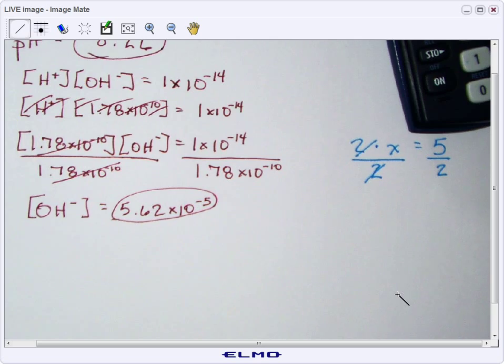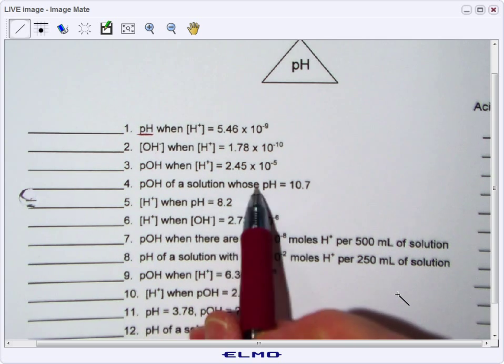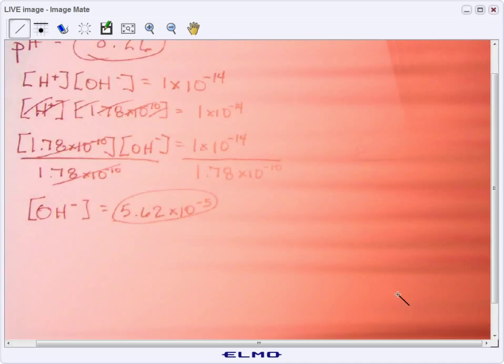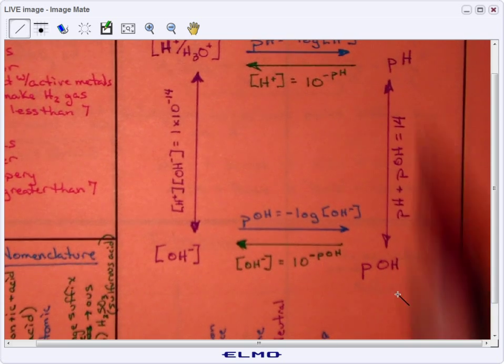Number 4. It says the pOH of a solution whose pH is 10.7. So again, we look at our pH square. We're looking for the pOH down here when they give us the pH.